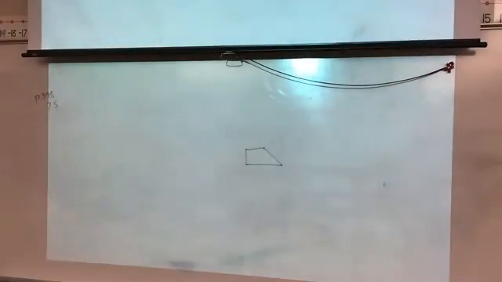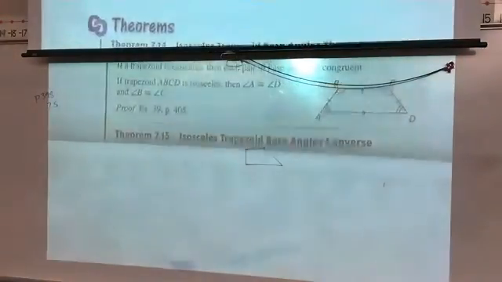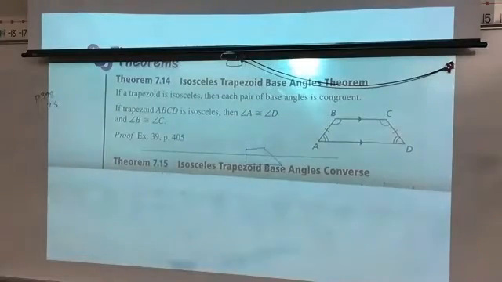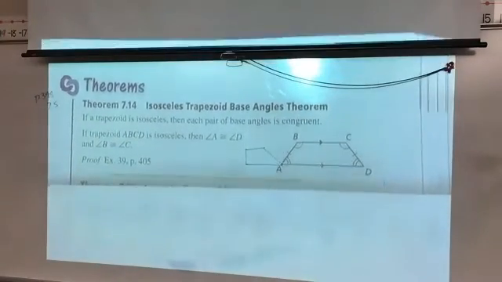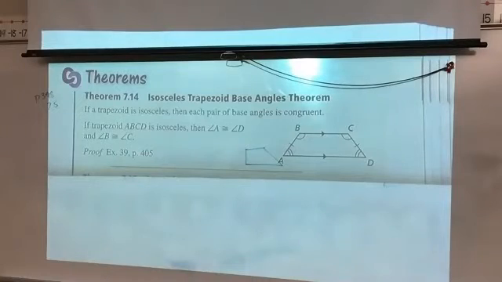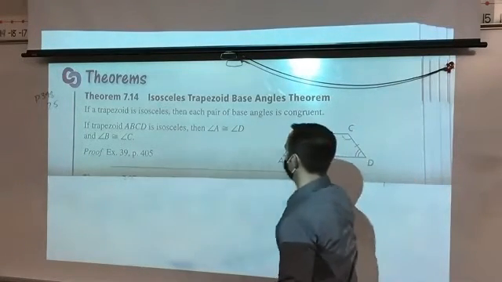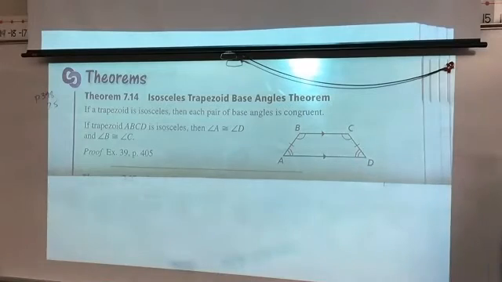Moving on. Let's look at our theorems. So we got 3 theorems here, 3 in a row, talking about the isosceles trapezoids. First one is the isosceles trapezoid base angles theorem. And this really is the same idea as our base angles theorem was before when we dealt with isosceles triangles.